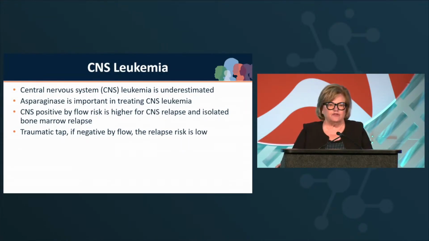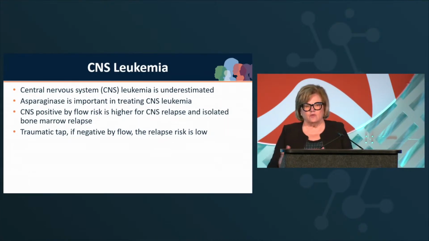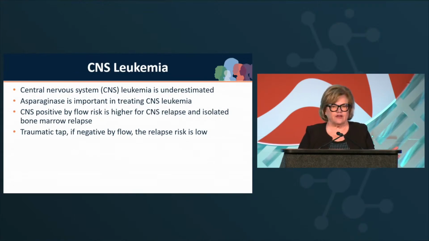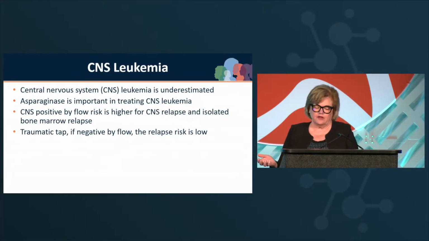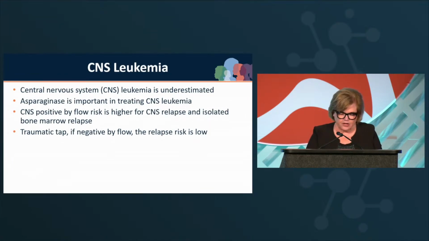But now, if you did flow cytometry and the flow is negative, that patient would be considered at a low risk of CNS relapse. So it's not as significant should the patient be negative by flow. And one of the reasons, now when we're doing a tap, collecting one for cytospin, one for flow cytometry, is that you've got to be really cognizant about getting that flow specimen quickly to the lab for processing.